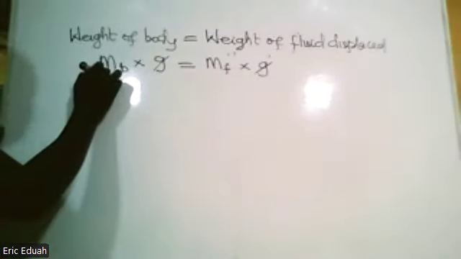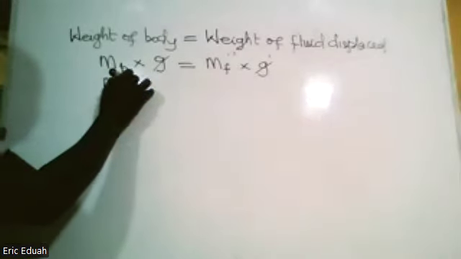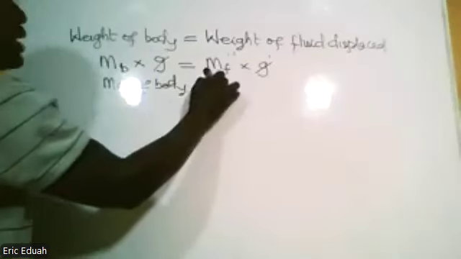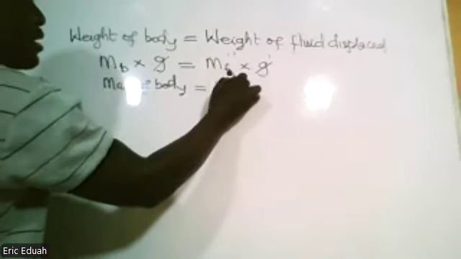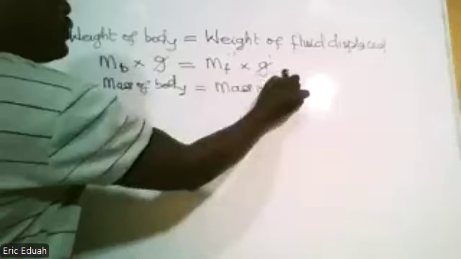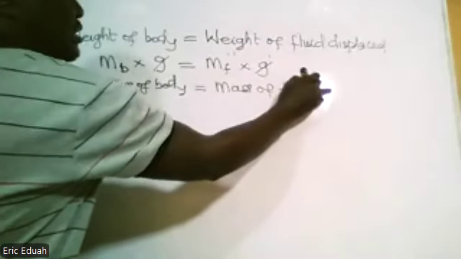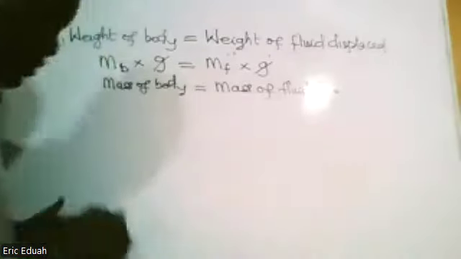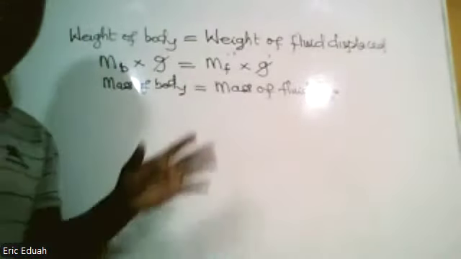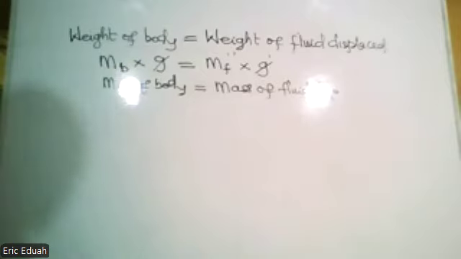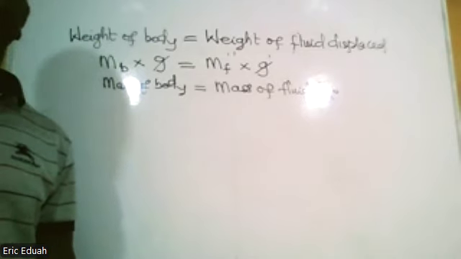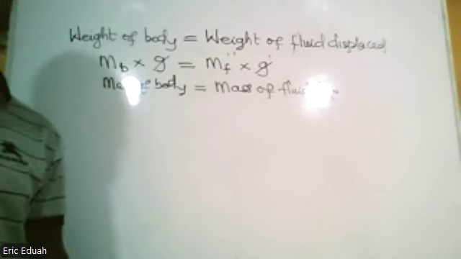So we have mass of body equal to mass of fluid displaced. So the law of flotation can also be stated in terms of mass: when a body floats, the mass of the body is equal to the mass of the fluid displaced.